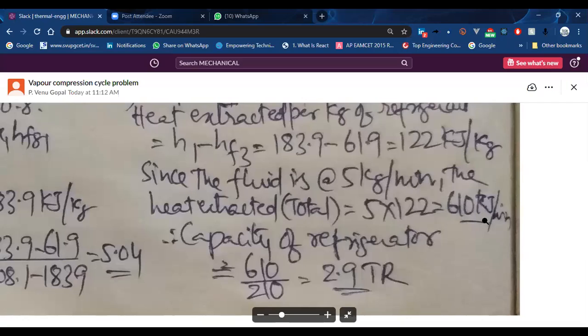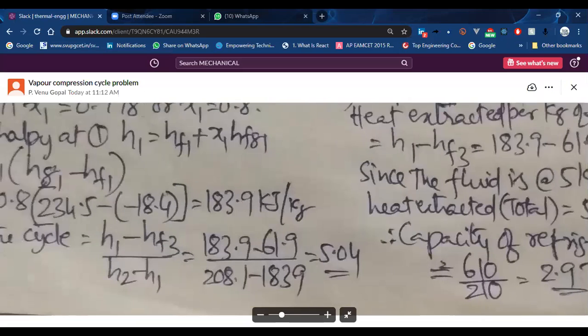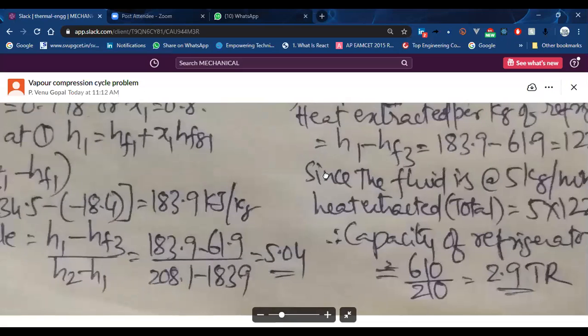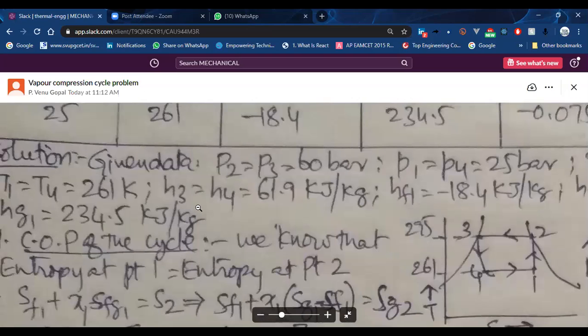If I divide this by 210, I will get the number of tons. This is how you can calculate the capacity of the refrigerator. So in this problem, we calculated two things: one is the COP of the cycle, and another is the capacity of the refrigerator. Both are important when solving vapour compression refrigeration cycle problems.